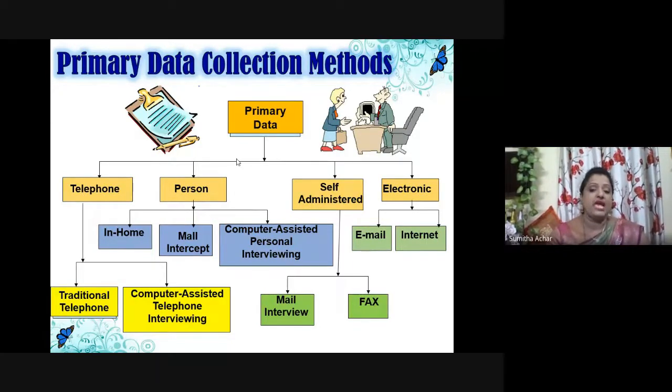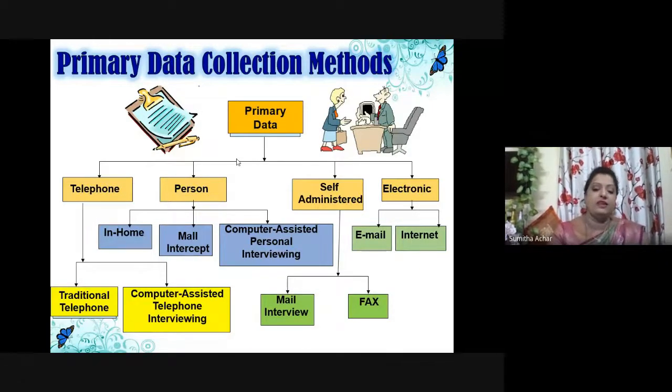Then we have the self-administered method of collecting data, a mail interview method, an older traditional method. Fax method happens only between organizations or places where you have a fax machine for sharing information. And then we have electronic methods, where we have email method and internet method, which are very popular these days, right?